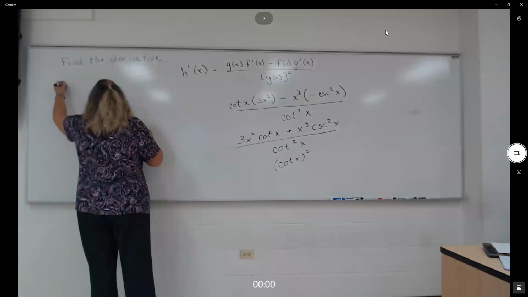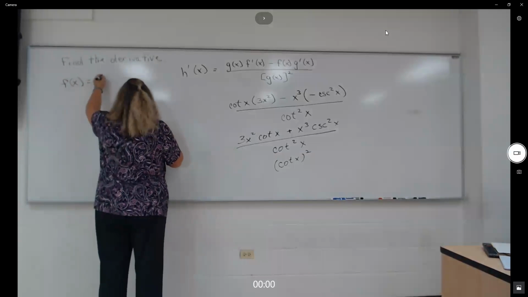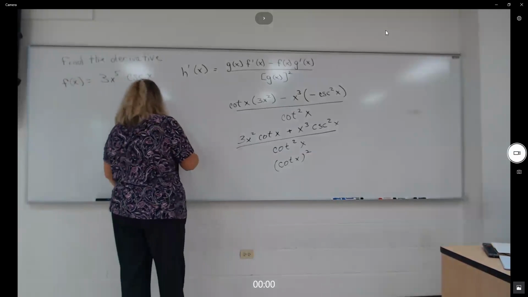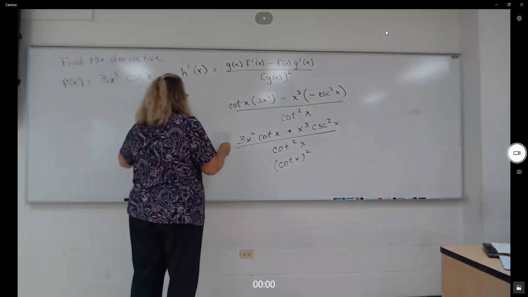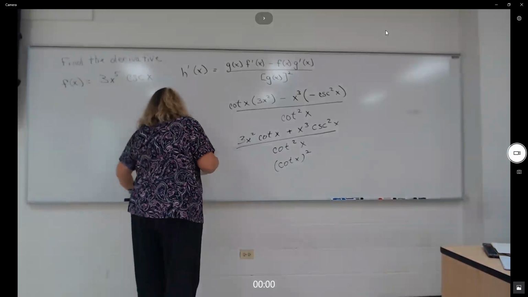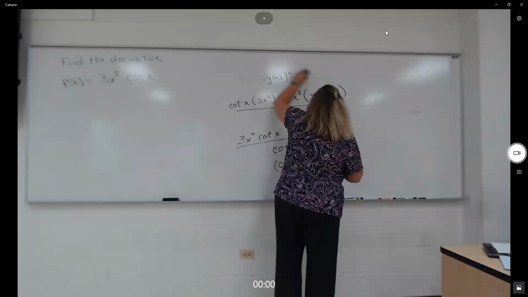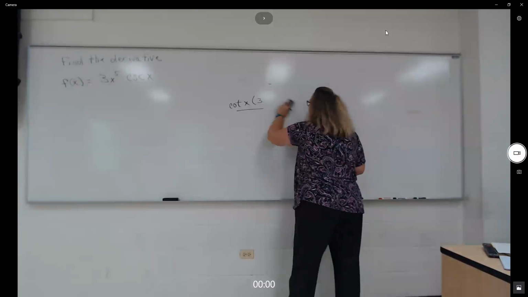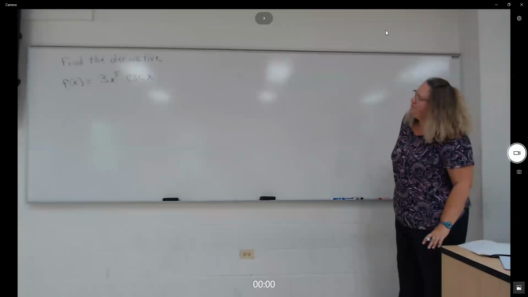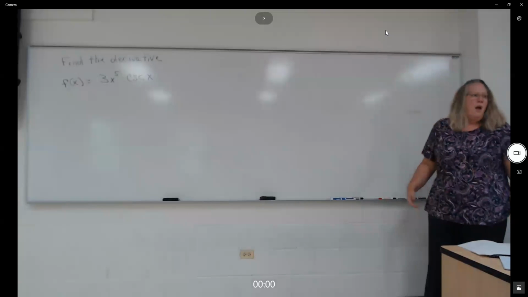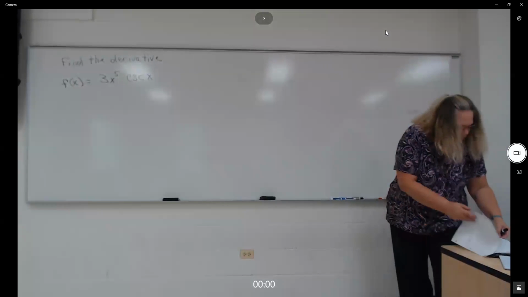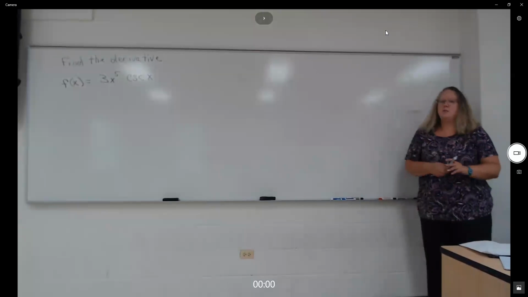All right, f of x is equal to 3x to the 5th cosecant x. All right, so this one is a little different than what we see, but it should be okay.